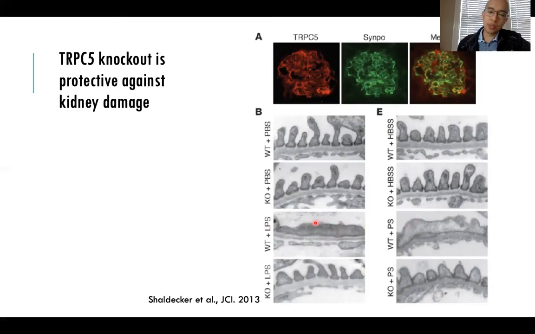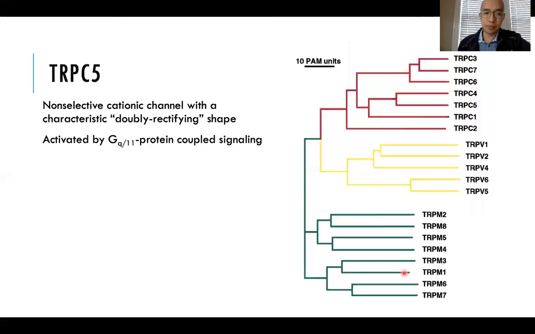And what's important is that when we genetically delete TRPC5, we are able to prevent this foot process effacement. So we're able to preserve the integrity of these podocytes. And that's shown here in the lower panels where KO refers to TRPC5 knockout mice.